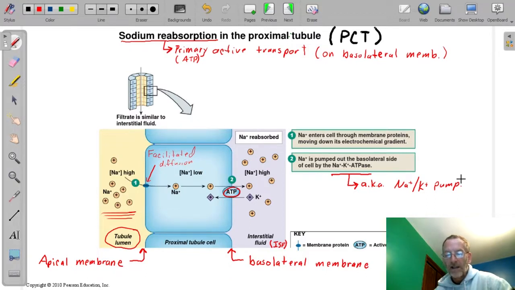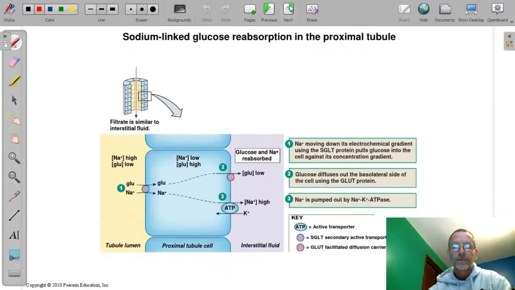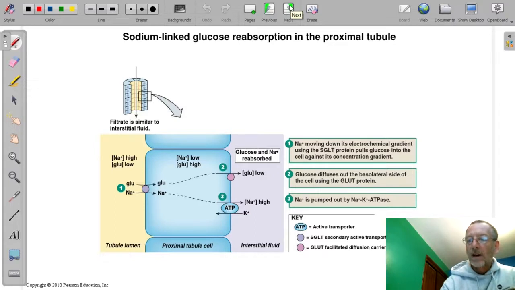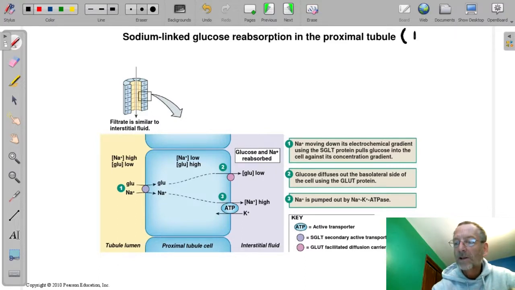And that creates a sodium gradient that we can then use for secondary active transport. So this slide is showing sodium-linked glucose reabsorption in the proximal convoluted tubule. Again, this story is all in the PCT.